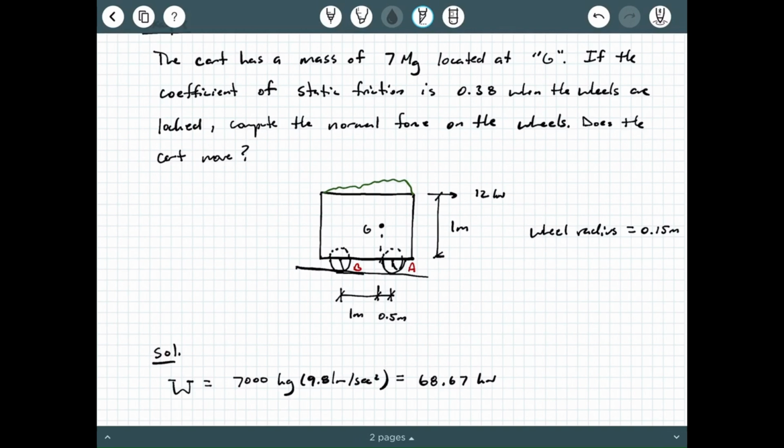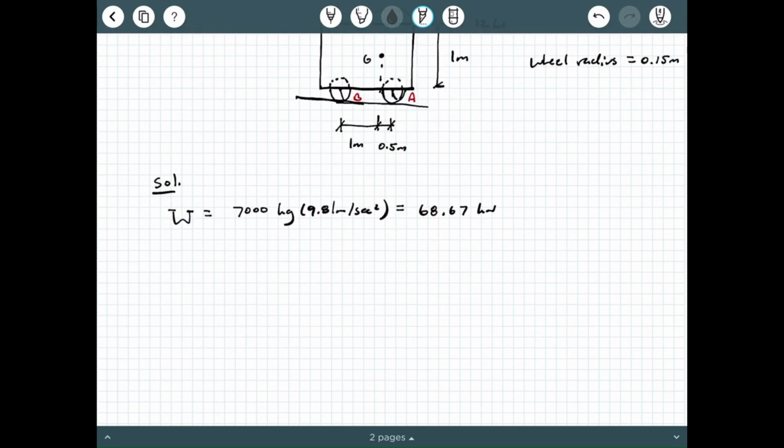Remember that a kilogram meter per second squared is a newton, so when you punch this in your calculator, you get a big number in newtons, and I just divided that by 1,000 to get kilonewtons. Let's go ahead and draw our free body diagram now of our system.